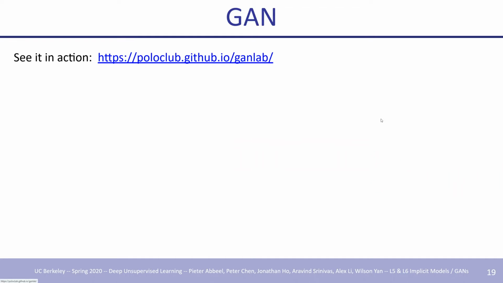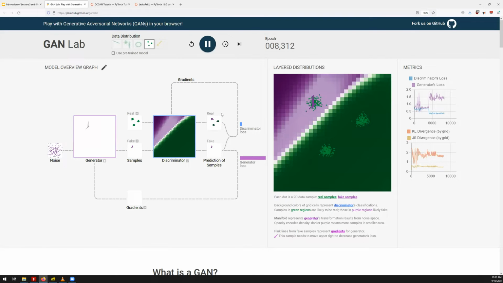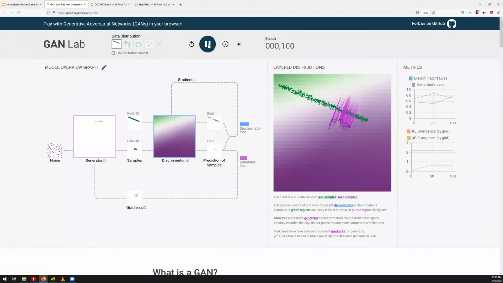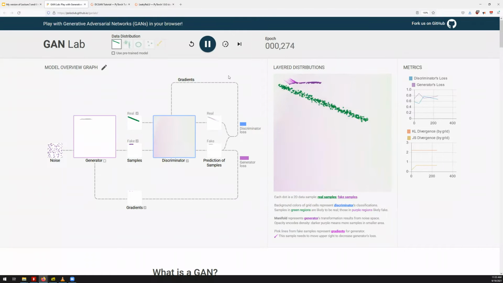Okay, and so this is the one that I was running here, the GAN Lab, to see how it works.